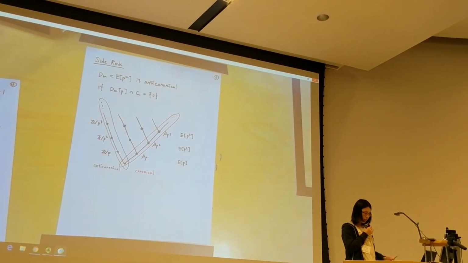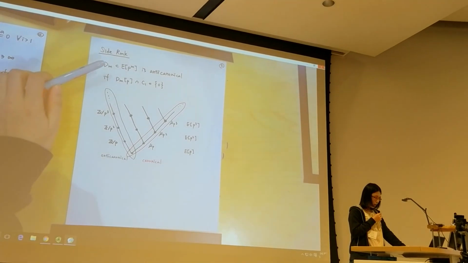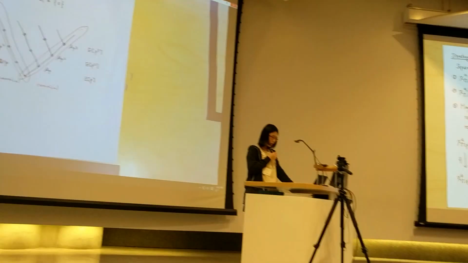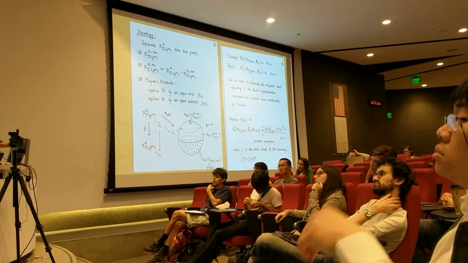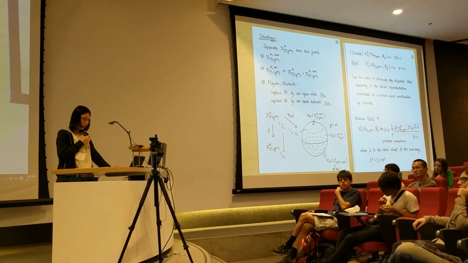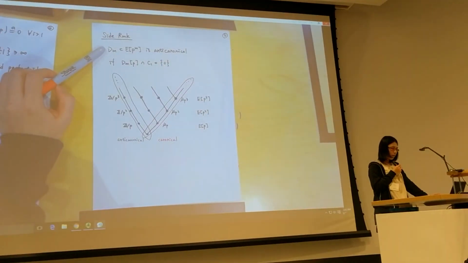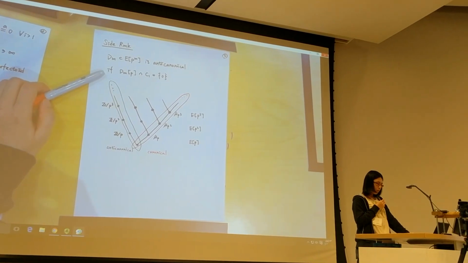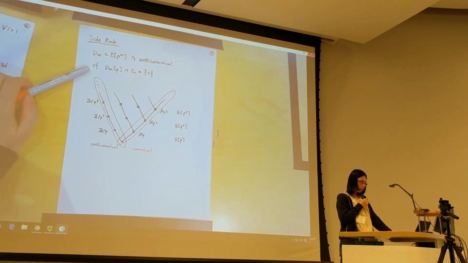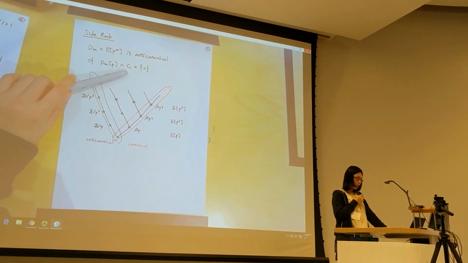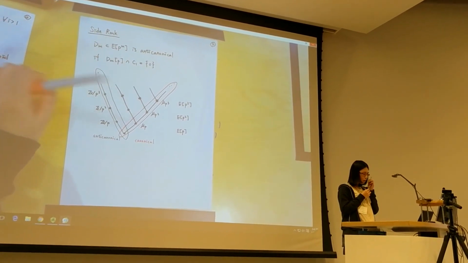So recall that if we have an order p^m subgroup D_m inside the p^m torsion of an elliptic curve, then we say this subgroup is anti-canonical when we take the p part of this subgroup, then it will intersect with the canonical subgroup trivially.